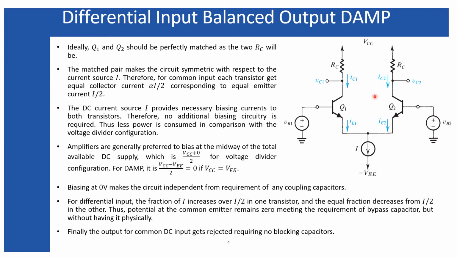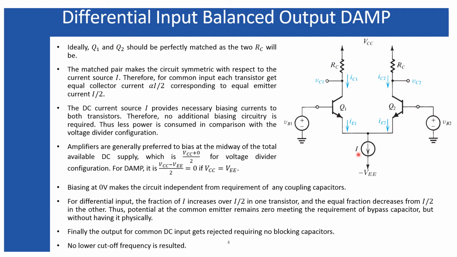From here, the common mode rejection ratio becomes so important for this differential amplifier circuit, and that will be discussed. However, since the common mode voltage gets cancelled, the need for any blocking capacitor is also not required for the differential amplifier.